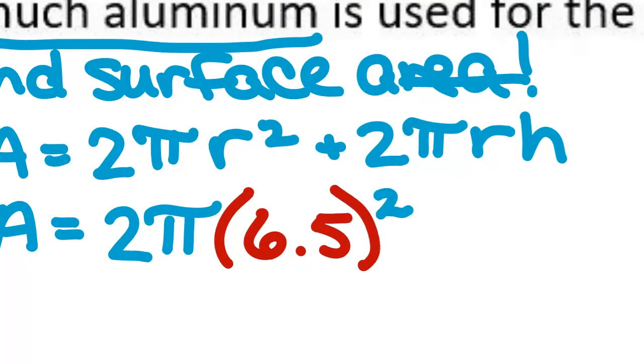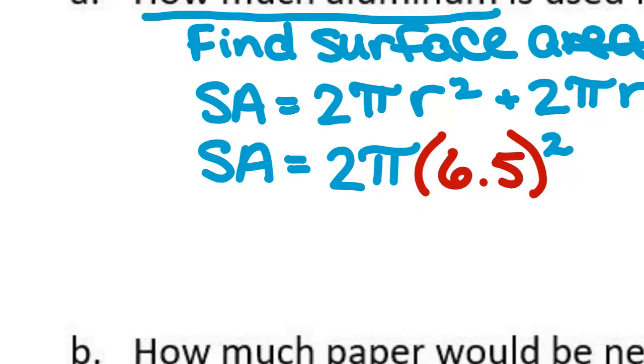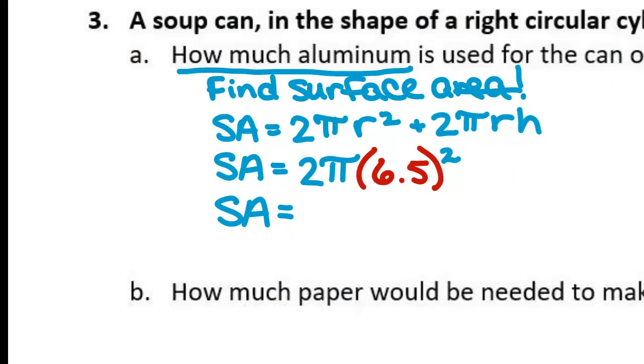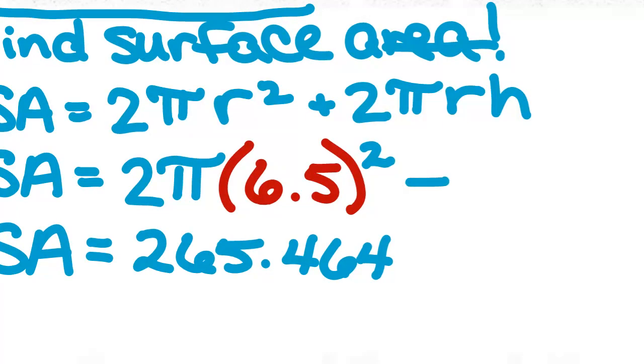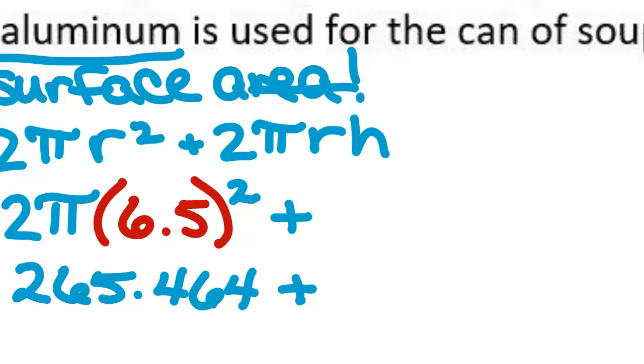Let's go ahead and do just that part right now. 2 pi times 6.5 squared. 265.464.